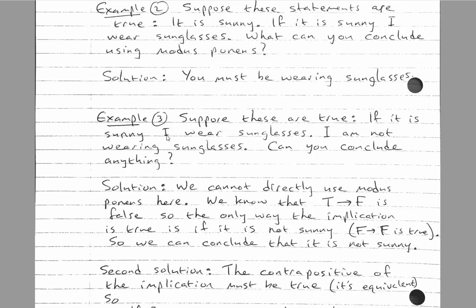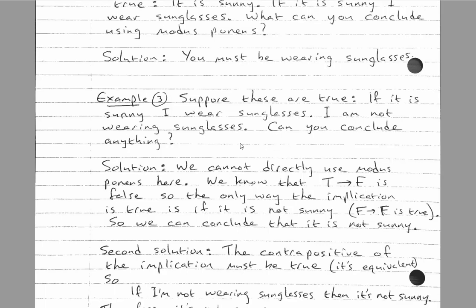If it is sunny, I wear sunglasses, we're saying that's always true. And I'm not wearing sunglasses at the moment. I think we can conclude something. We can't use modus ponens.